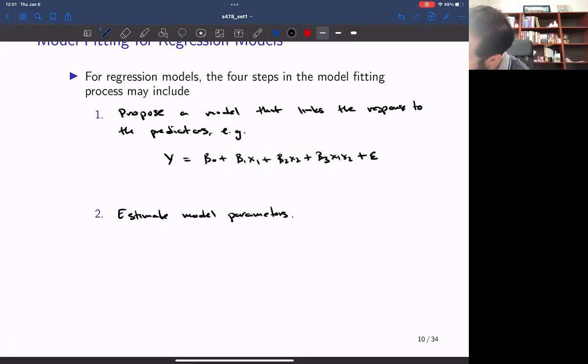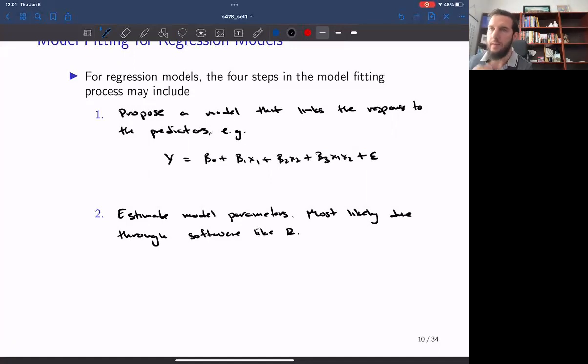This is most likely done through software like R, right? And if we're going to use software, it's basically just going to be done through the LM function or the GLM function, right?